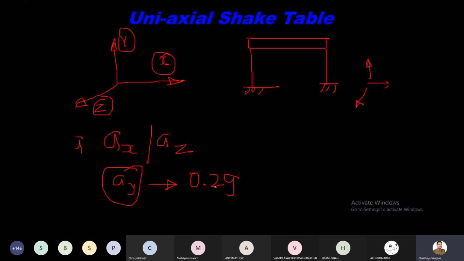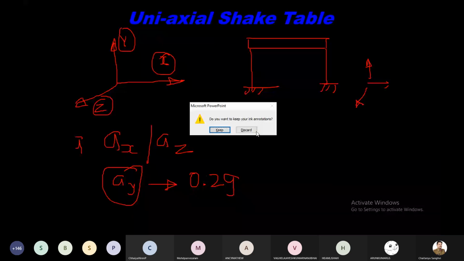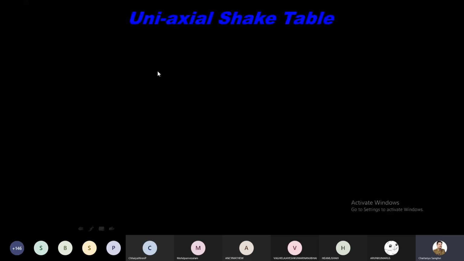Now what is going to happen due to this, that we try to understand. Now we try to understand what exactly is going to happen for the vertical acceleration, right? This is my structure, and now the vertical acceleration takes place in this direction, the shaking takes place.